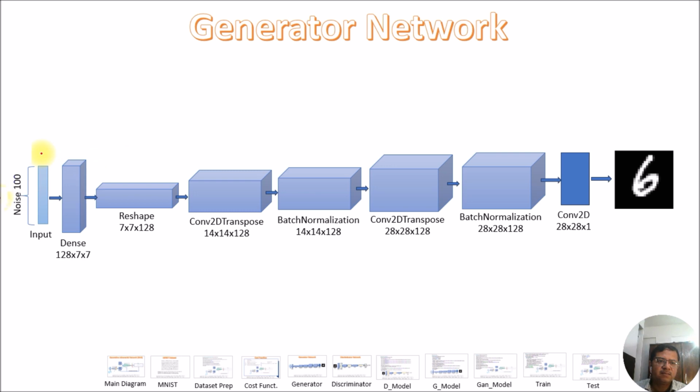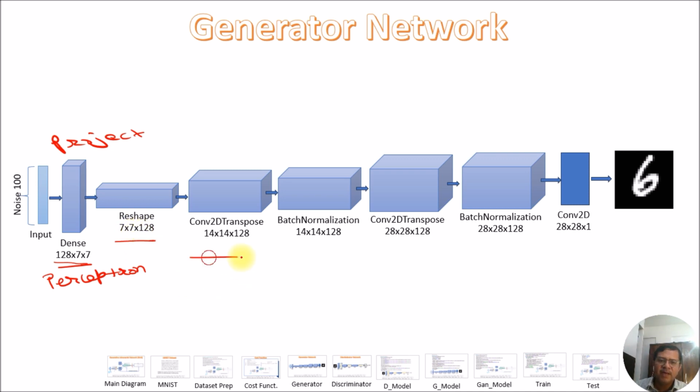The generator model takes the data and then uses a deep neural network or a general perceptron type of architecture to project the 100 size array input to a 3D array of 128 by 7 by 7, and then we reshape it to 7 by 7 by 128.